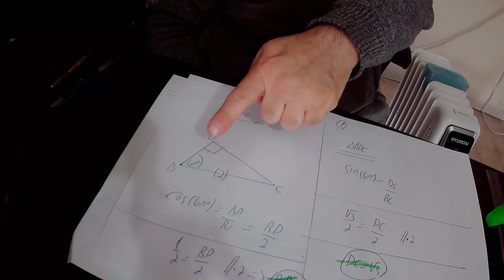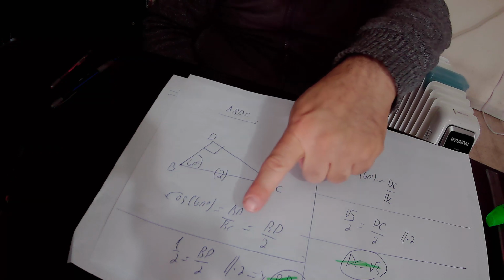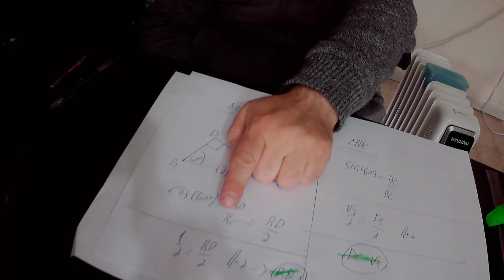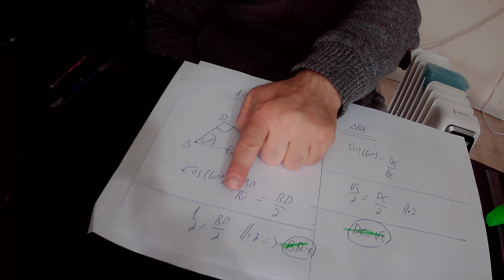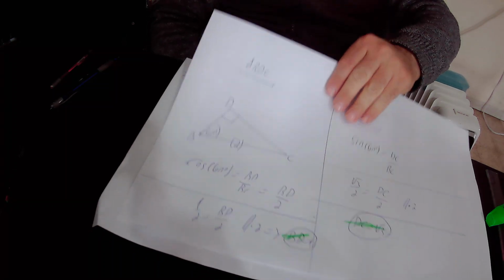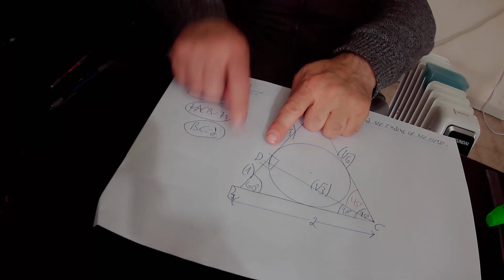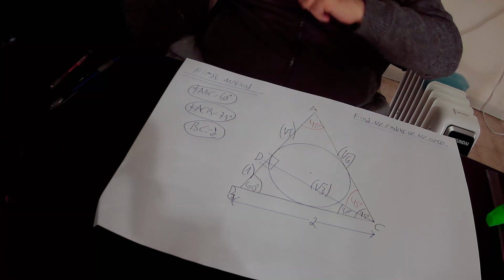Cosine 60 degrees is 1/2. So 1/2 equals BD over 2. We multiplied this equation by 2 and finally found out that BD equals 1 unit. Here, this line segment BD is equal to 1 unit in its length.